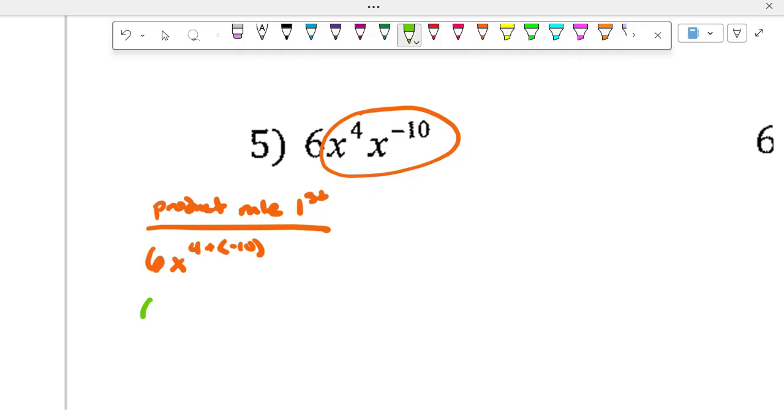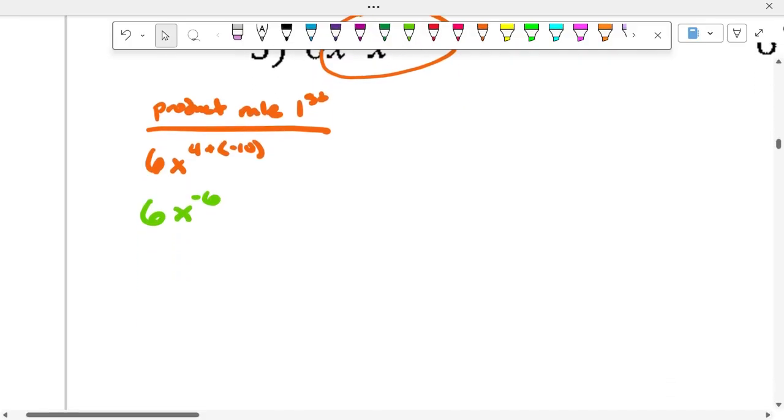Negative 6. This would be 6x to the negative 6. Now, is that fully simplified? No, because what do we not like in our final answer? Negative exponents.